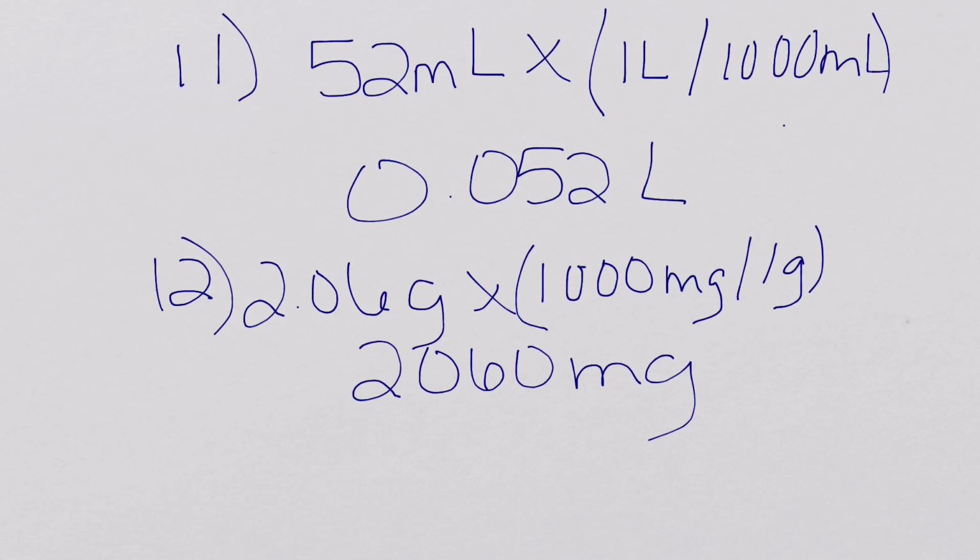Alright, now we're going to move on to numbers 11 to 20. And these are, I have them written out here, numbers 11 and 12. Let me actually erase this so you can see me write it out.